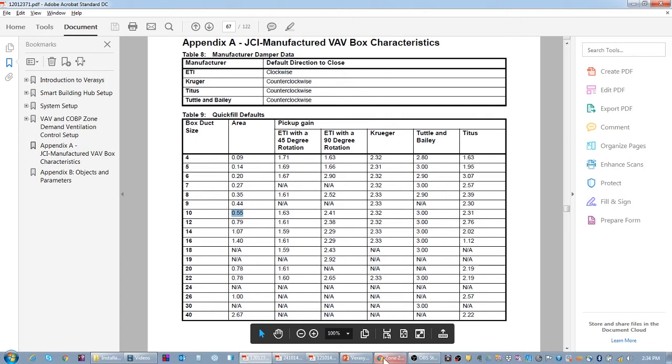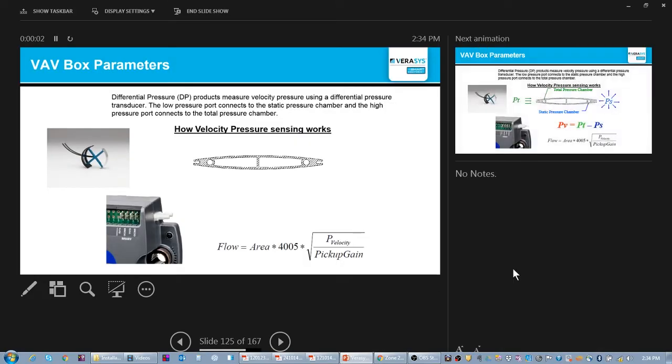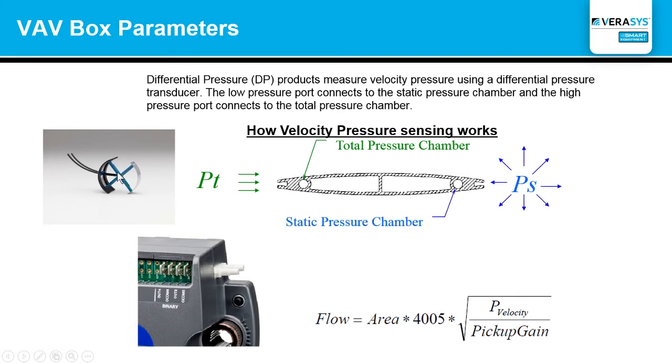So why is that? Now I'm going to jump over to a PowerPoint real quick and show you. Let me swap the display. So a pickup gain looks like this. It's a flow cross in your box.